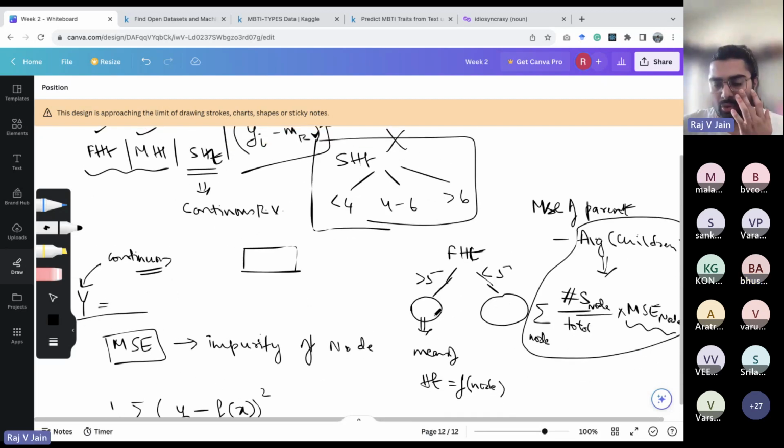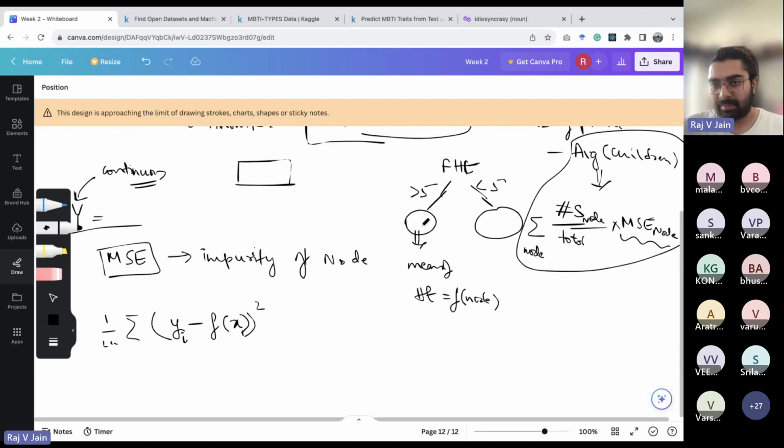So basically, say I have 10 examples in this node, so I have 10 true y values. From each of these 10 y values, I subtract the mean of these y values in that node.